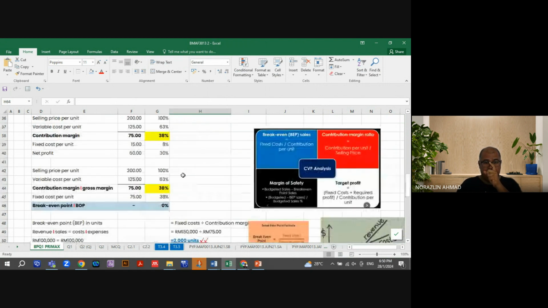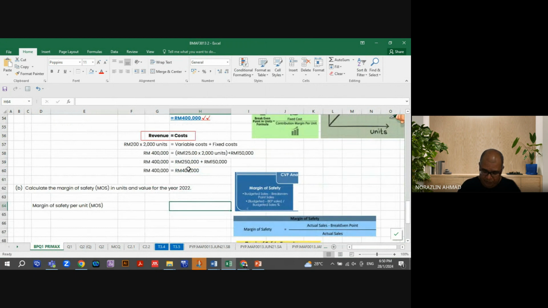The formula that we will use: margin of safety in unit is sales volume minus break-even point in units.